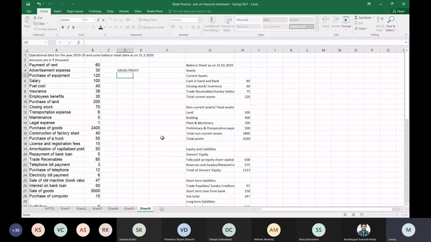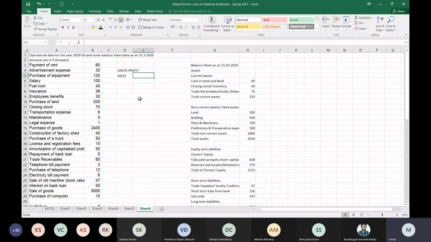First item for gross profit is sales. Let's see what is the sales. Sales may be machine sales, that does not come here. Goods sales, meaning whatever is your business, selling grocery or selling stationery or selling software or selling computers. If that is your business, then how much money you earn selling those, that is the sales.